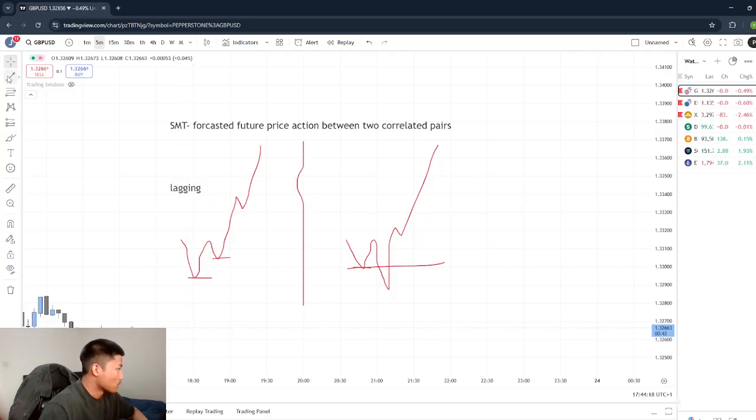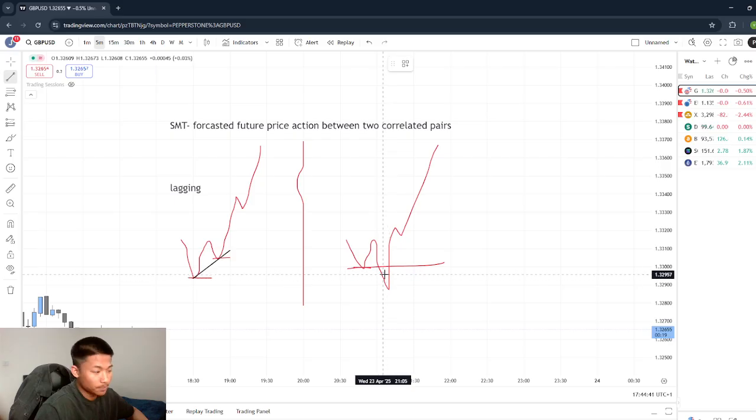And let's say this is a bullish example of an SMT. And as it is a bullish example, our bias within this is bullish, obviously. So by the time this starts rallying to the upside, we have enough time to find an entry within there and catch the move. Okay?